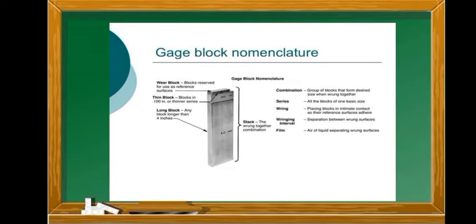So wear blocks can also be called protector slips. The purpose of wear blocks is to prolong the life of slip gauges or gauge blocks. So there are some sets of gauge blocks that contain two wear blocks. So these two wear blocks are placed at each end of the assembled blocks to ensure that any wear or damage is confined to these two blocks.